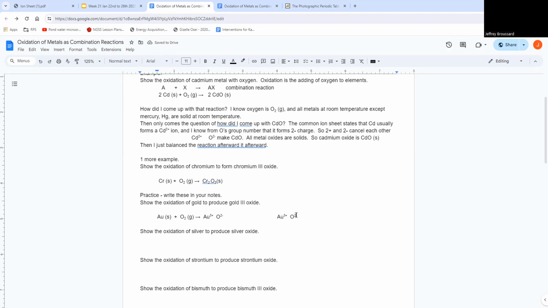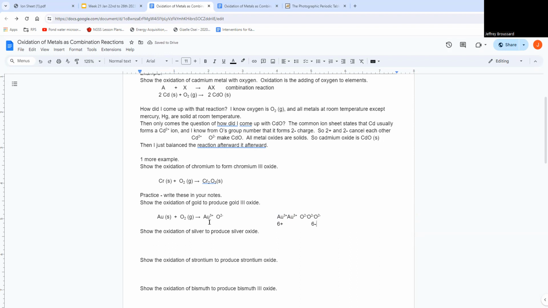How many 2 negatives are going to be needed to cancel a 3 positive? Well, the least common multiple of these is 6. So I know that 2 negative is going to go into 6 3 times, and 3 positive is going to go into 6 2 times. And if I do the problem like that, I know I got a grand total of 6 positive and a grand total of 6 negative, and those cancel out.